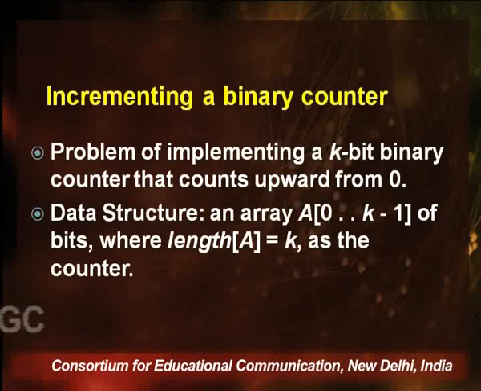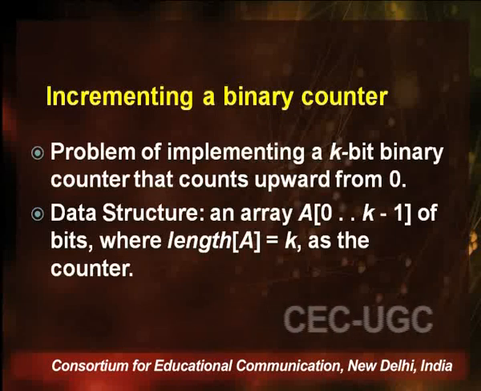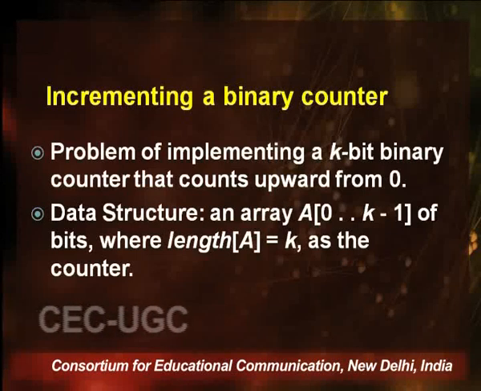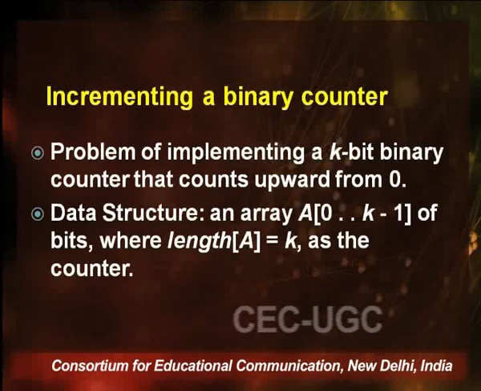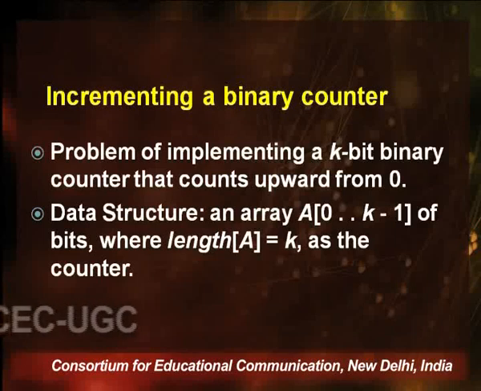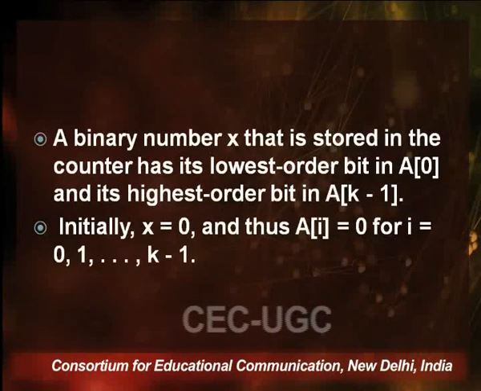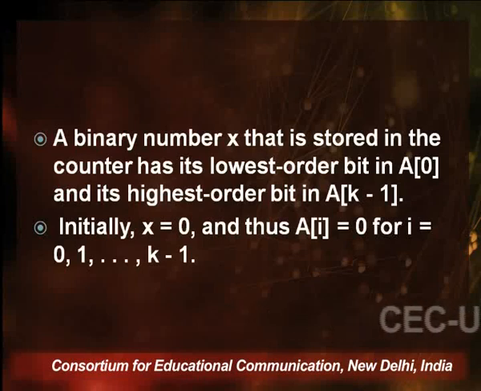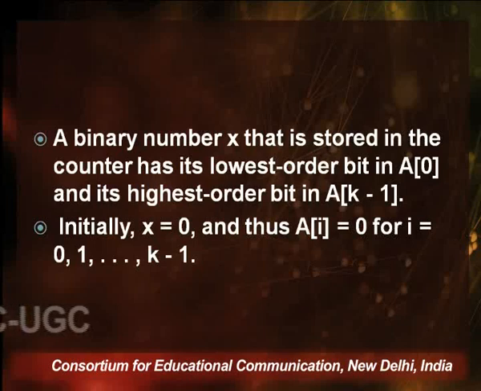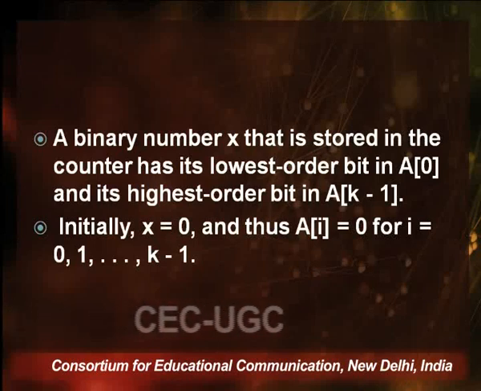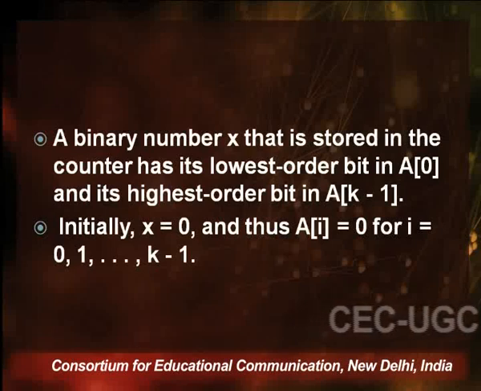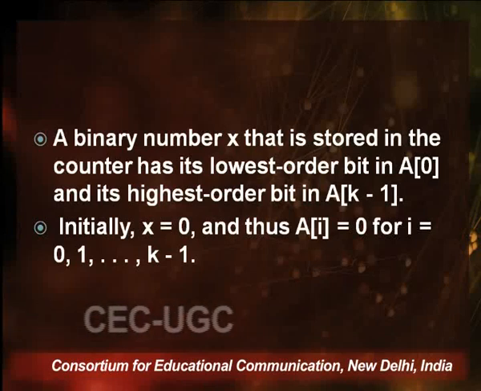Let's name that array A, with indexing starting from 0 to k minus 1. So the total size is k, the number of bits, and the length of A equals k. Let's say a binary number x stored in the counter has its lowest order bit in A[0] and its highest order bit at index A[k minus 1].